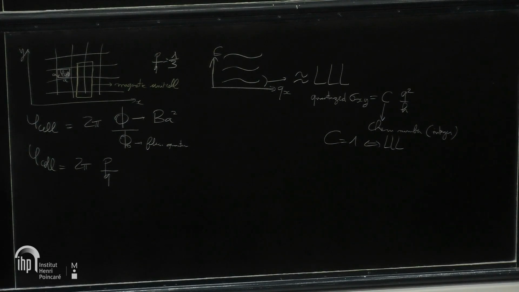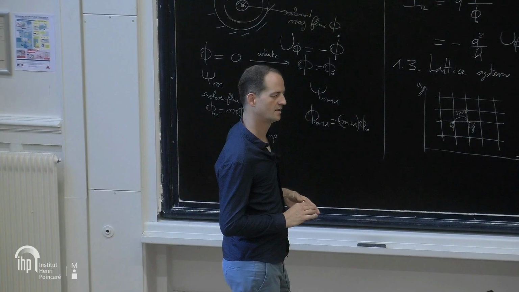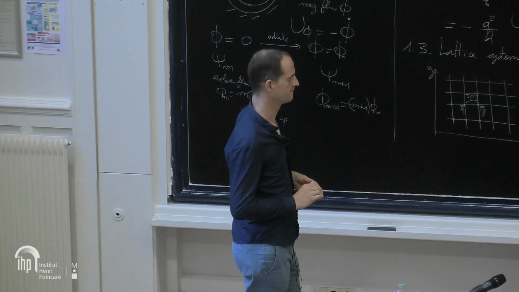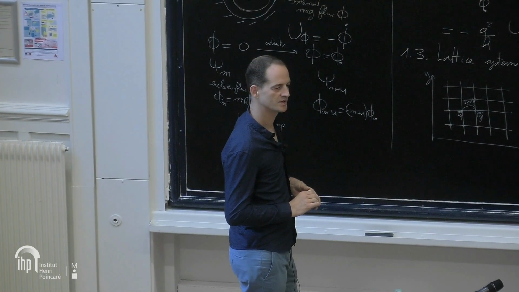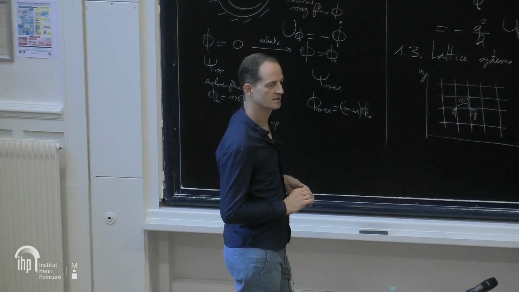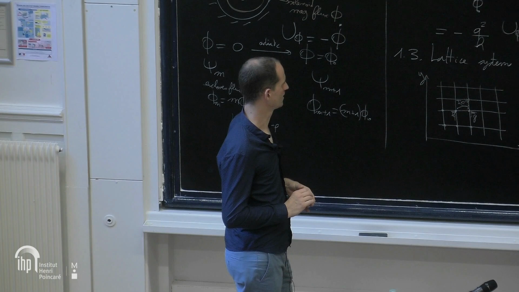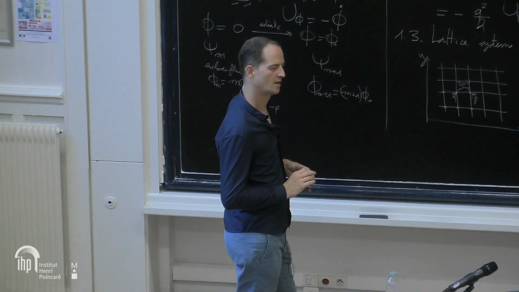But if one would do this experiment in an idealized geometry or with cold atoms, you would not find a quantization, because the quantization only happens when you have a filled Landau level. Whereas if you would continuously change the number of Landau levels, you would get a continuous change of the conductance.